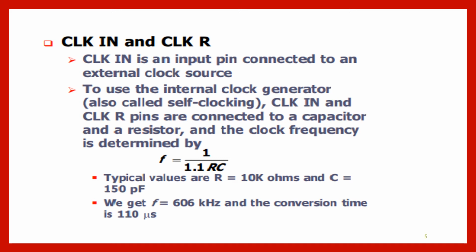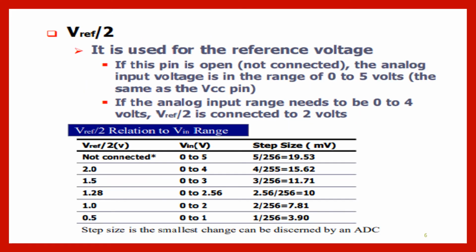Here we are using external, so as per the relation, frequency is equal to 1 upon 1.1 RC. So if C is 150 picofarad and R is 10 kilo ohm, it gives approximately 606 kilohertz frequency, and the conversion time is 110 microseconds.